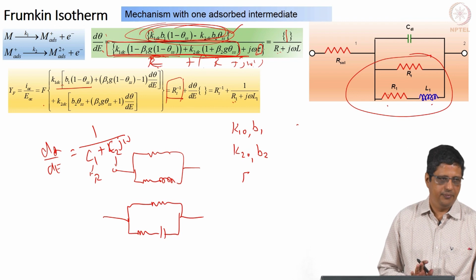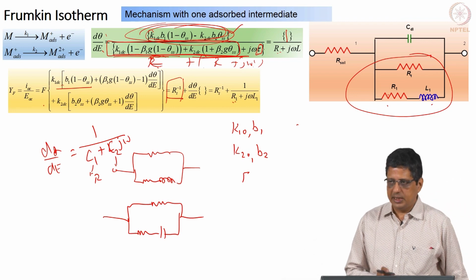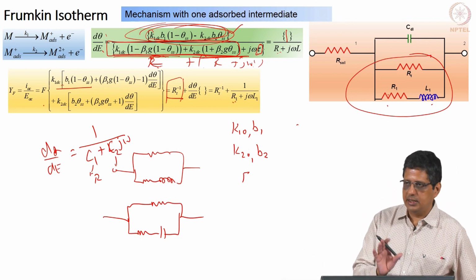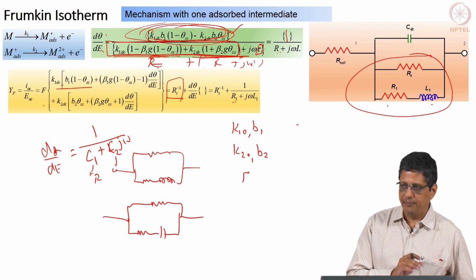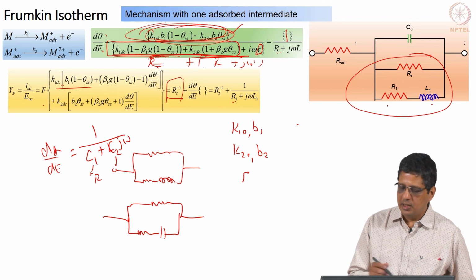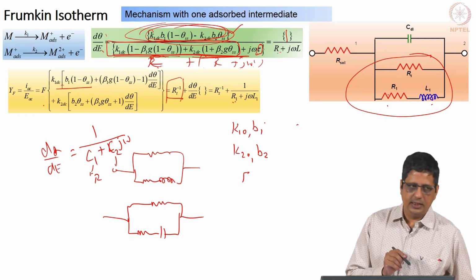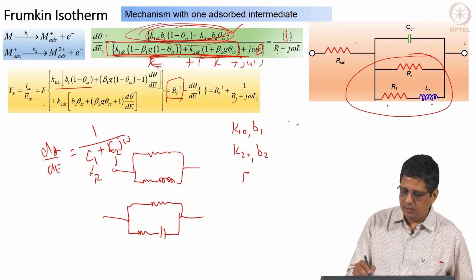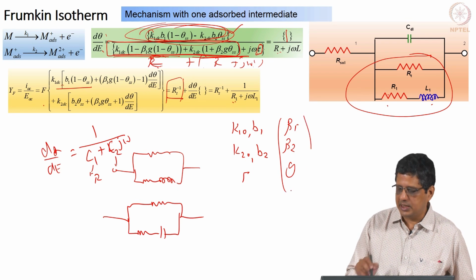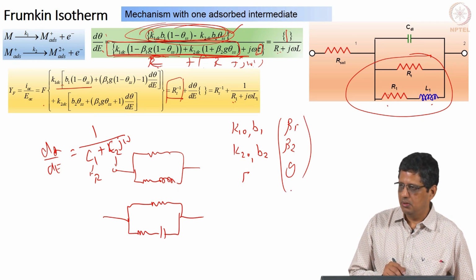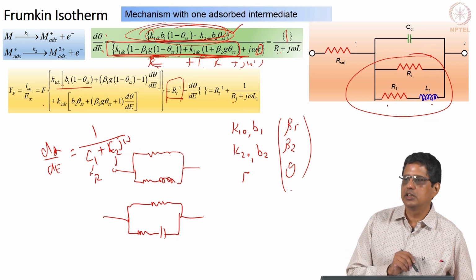These are the kinetic parameters that you can vary in order to fit this model to a data set. You have 5 parameters. If you say I think this is following a Frumkin isotherm model, you are adding 3 more parameters, correct. Still it will give rise to only this.